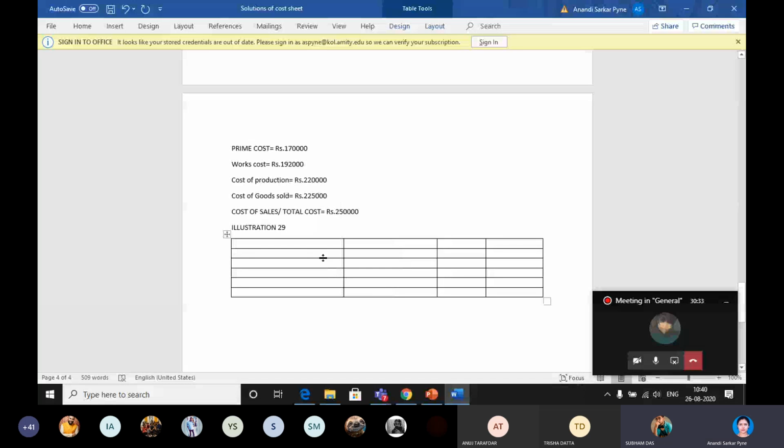So direct labor, direct material, 40% of rupees. How much is the rupees? Ma'am, 100. 100 is the manufacturing cost. Yes. No, yours was right.